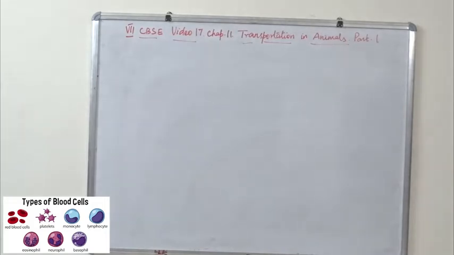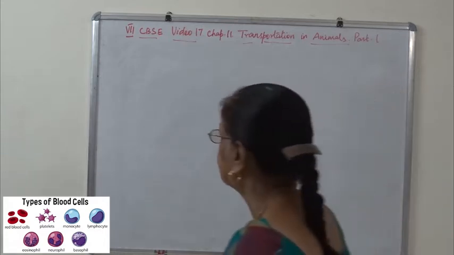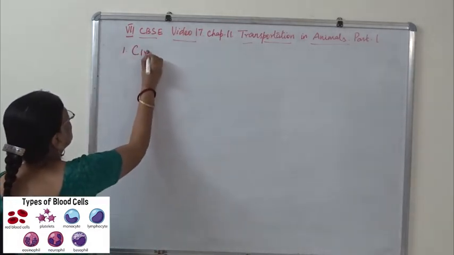Can you guess what the means of transportation in animals is? It is the circulatory system.